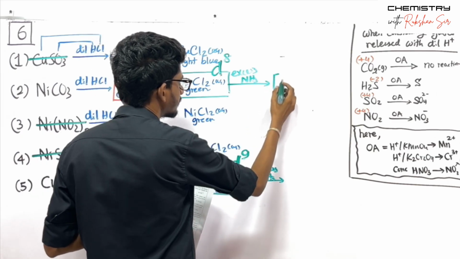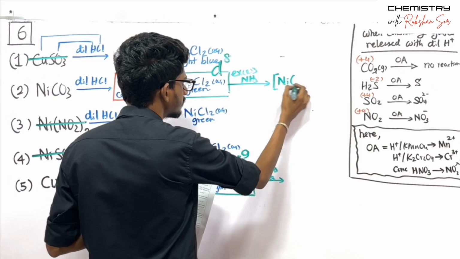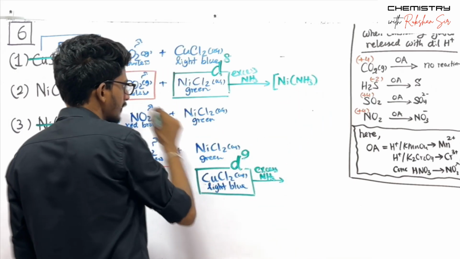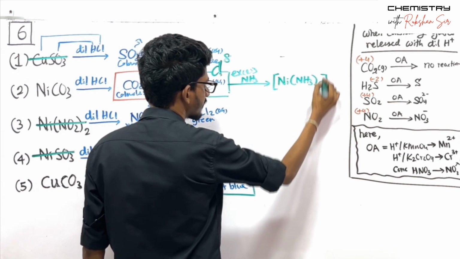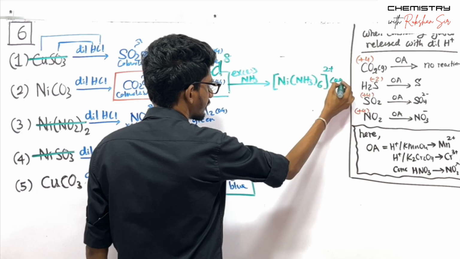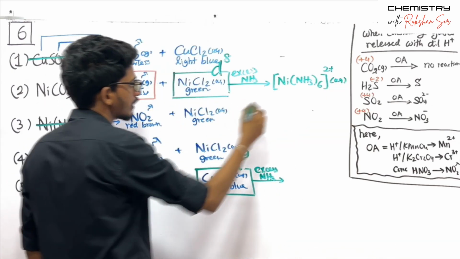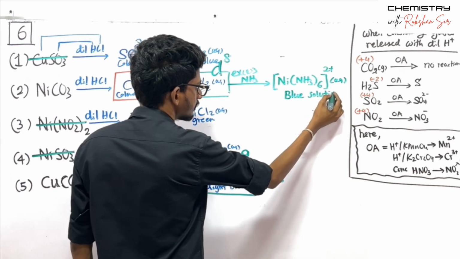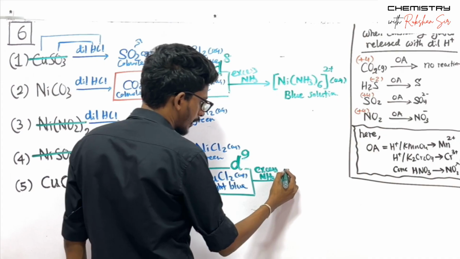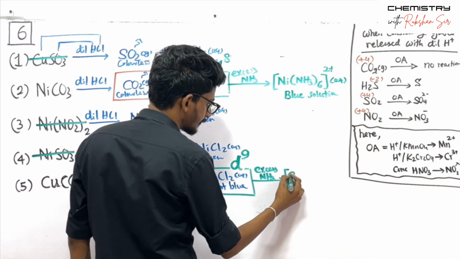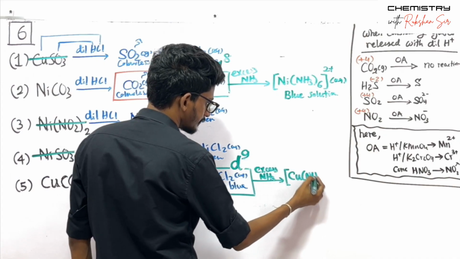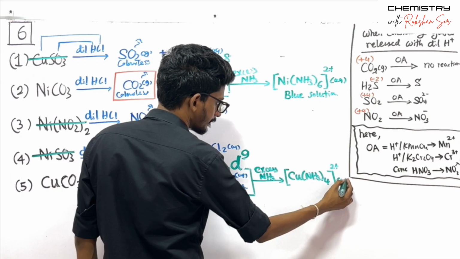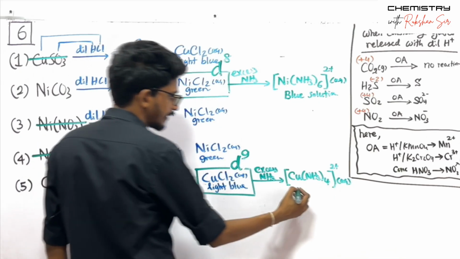Nickel amine comes with 6 amine ligands. What is the color there? Blue color. Copper amine comes with 4 amine ligands, and it is 2+. What is the color there? Dark blue.